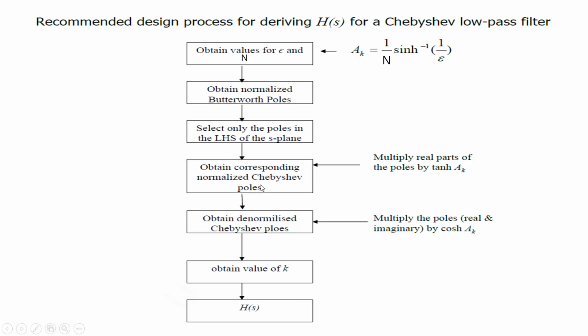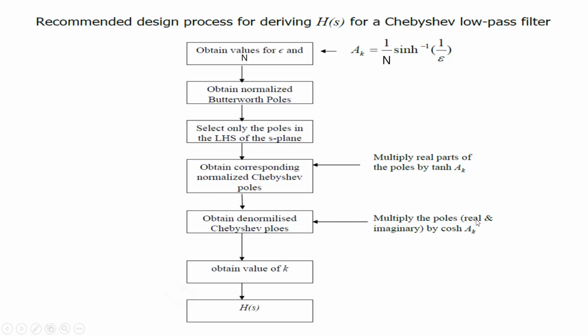Obtain the corresponding normalized Chebyshev poles. Then you will multiply the real parts of the poles by tanh, so you will be able to get the normalized poles. This expression I'm just giving you as it is because we will not derive that. From here you will determine the epsilon, or you will use the method as we used in our example, and multiply the real parts of the poles by tanh. Then obtain the denormalized Chebyshev poles. How will you get the denormalized poles?